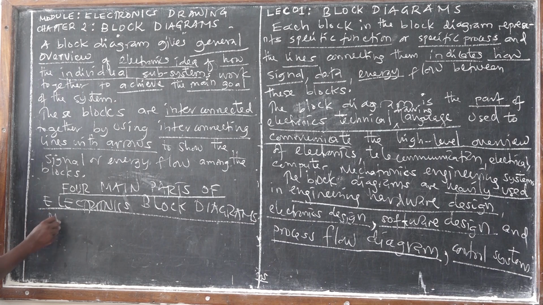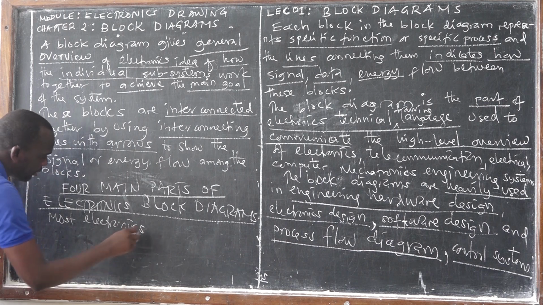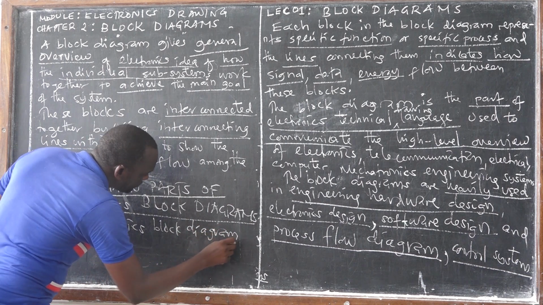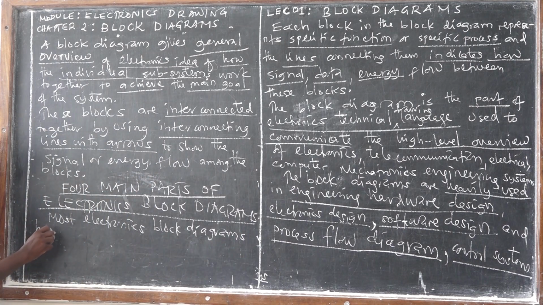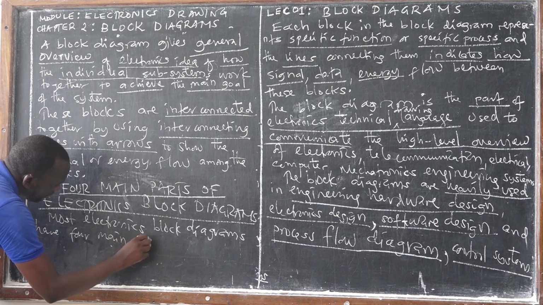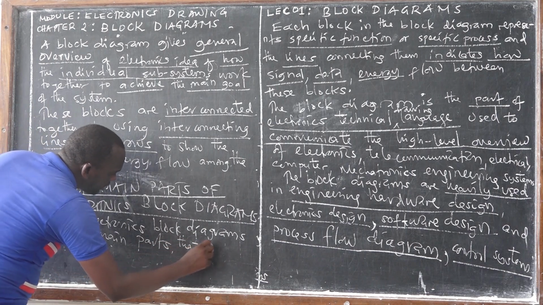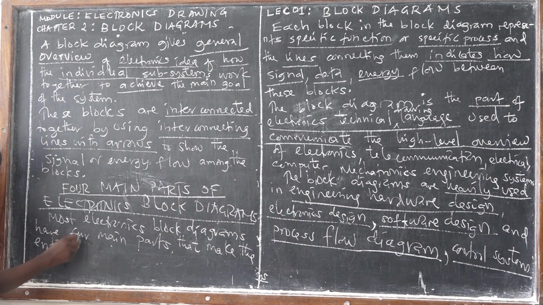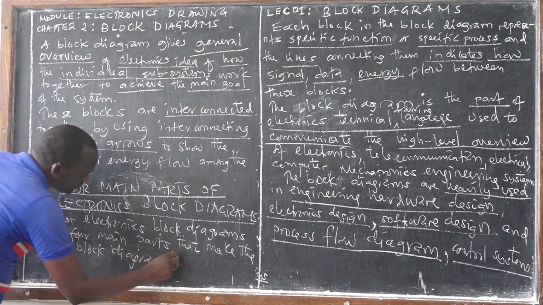So mostly, electronics block diagrams have four main parts that make the entire block diagram meaningful.